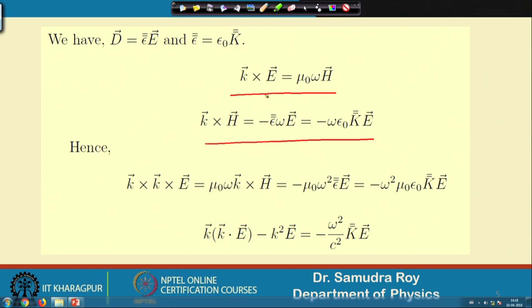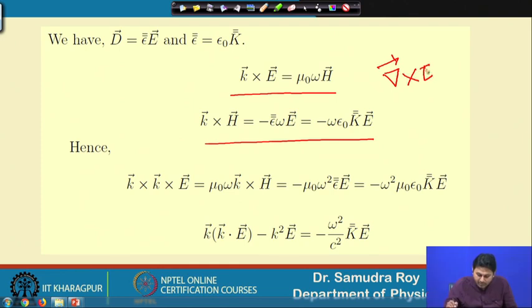But k cross E, again I am doing this. k cross E is nothing but curl cross E; I just replace the curl operator with k, and then it is minus del B del t, that was the original Maxwell's equation.